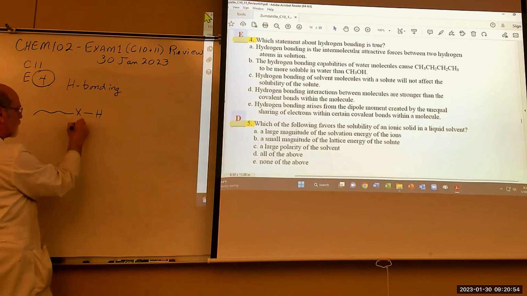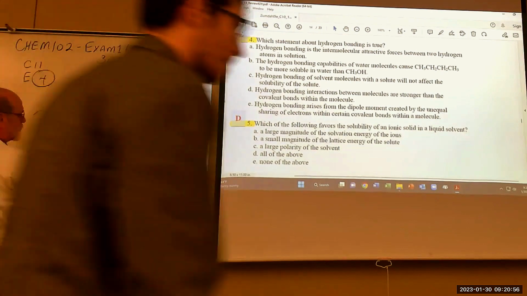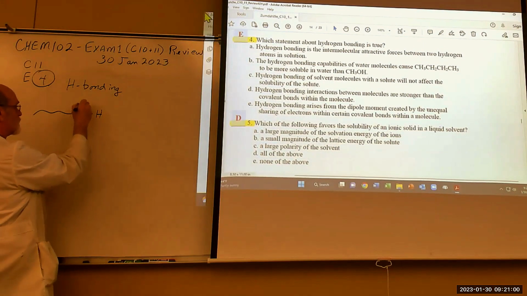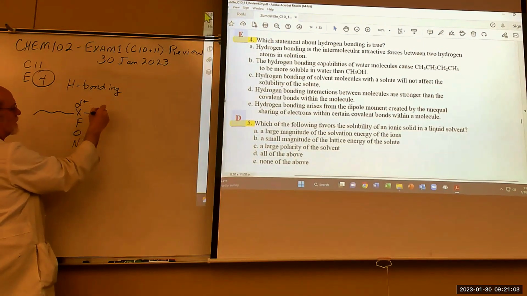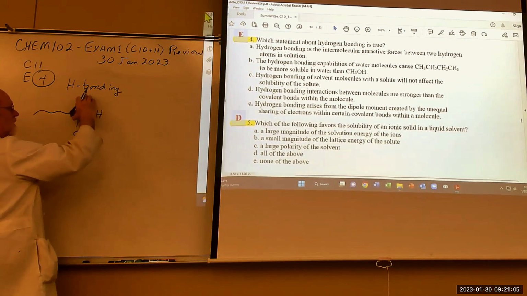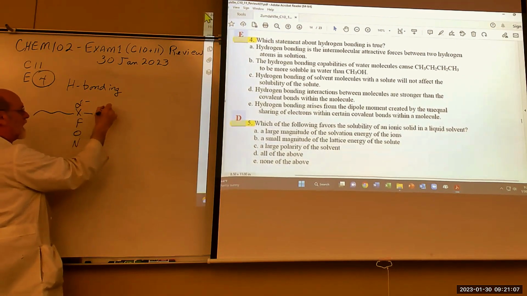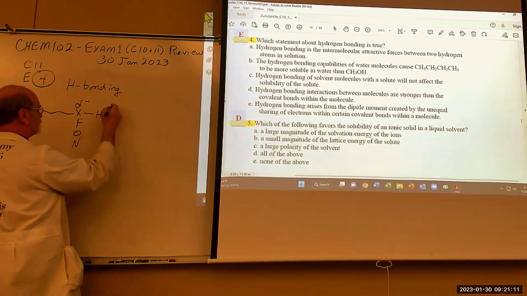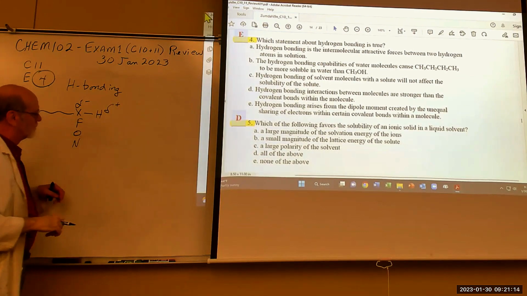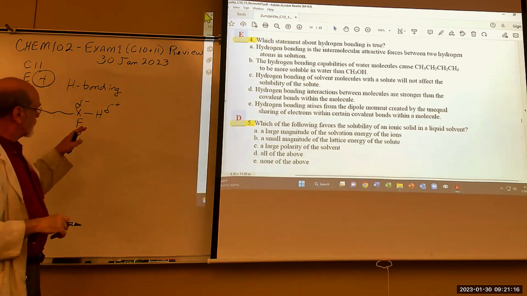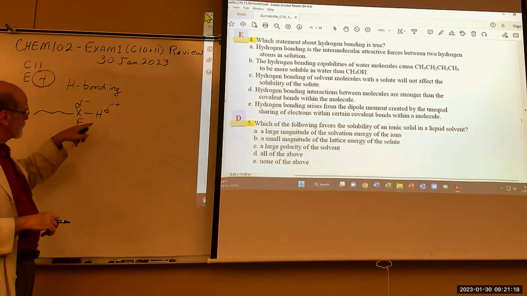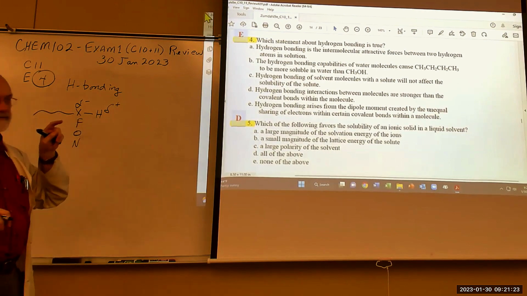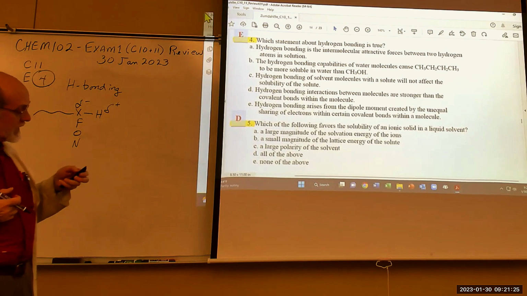But this one is either fluorine, oxygen, or nitrogen. And that gives you a slight positive charge here. Slight negative here and a slight positive, you can write with Greek letters. There we go. So the attraction between two molecules is between this one on this molecule and that one on the other molecule. Right, so A can't be it.